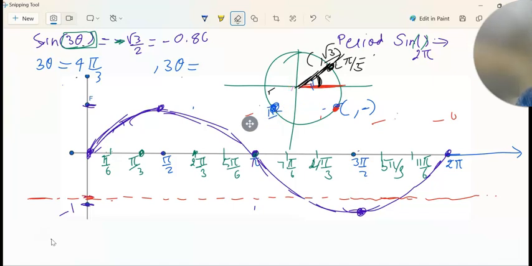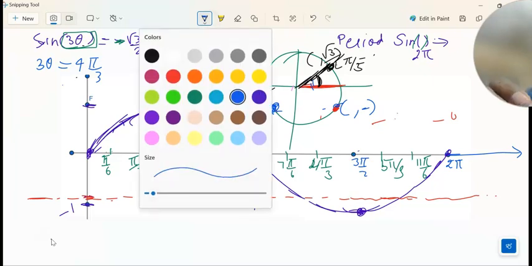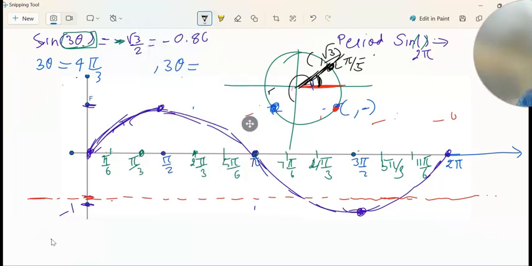So the other answer will be, 4 pi by 3 we have done, and the other one will be all going around like this. If you really want to find out how much this red one is, because this is in the fourth quadrant, the whole around is 2 pi, and from 2 pi you take away the reference angle, pi by 3.